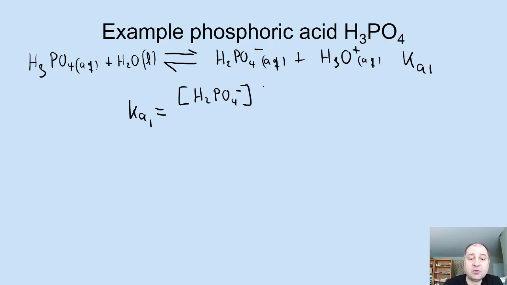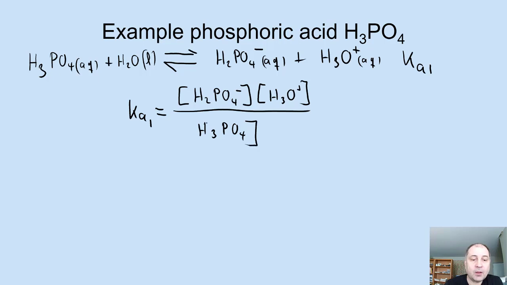So the dihydrogen phosphate concentration times the hydronium ion concentration all over the phosphoric acid concentration. And we're not including the liquid water. Remember, solids and liquids are not included because they're there in excess.